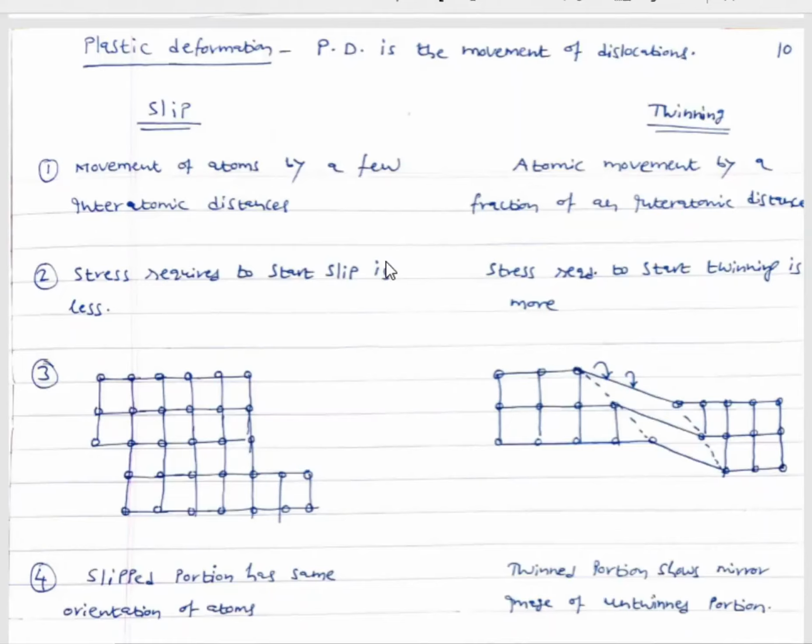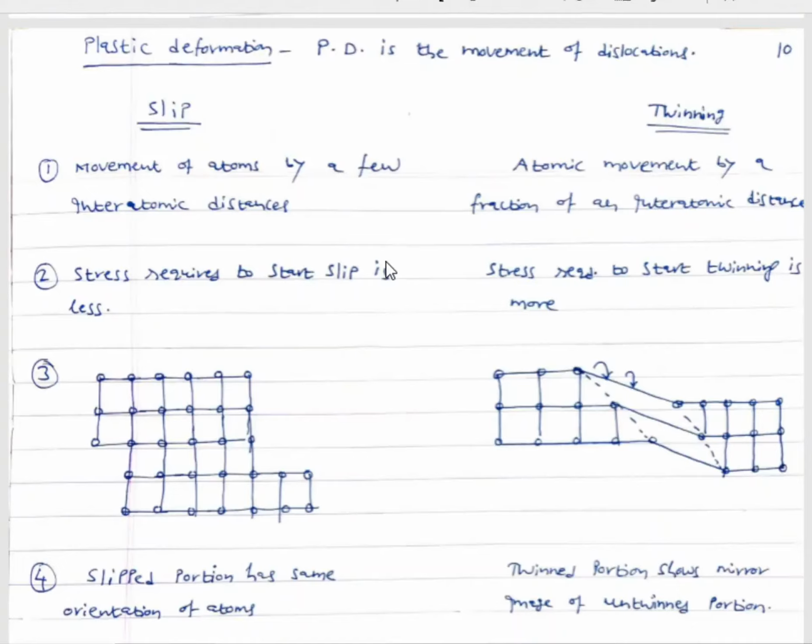Because in a perfect arrangement of atoms, where there is no dislocation or imperfection present, it is highly difficult to move the atoms. So the presence of imperfections or dislocations is desirable.